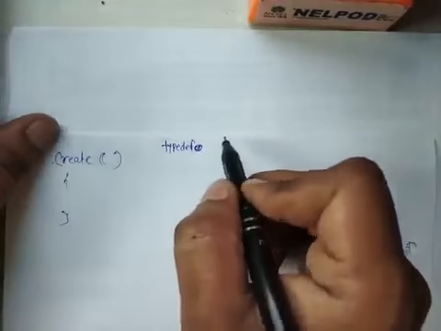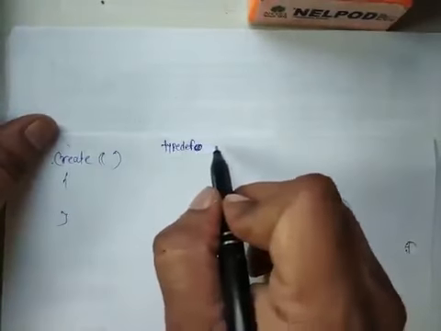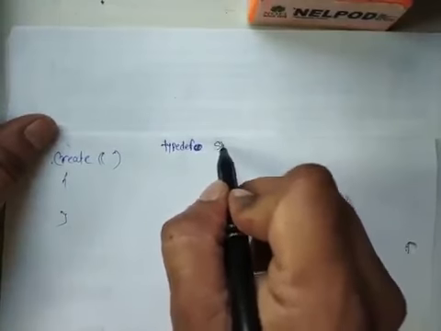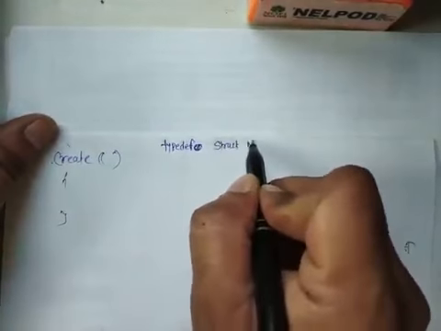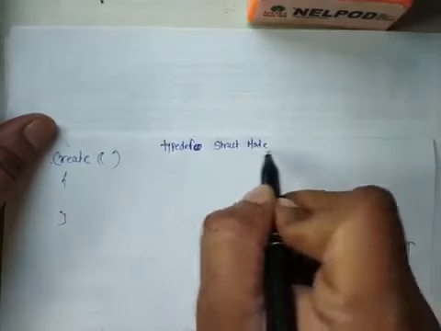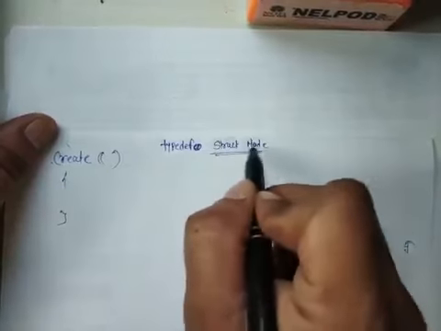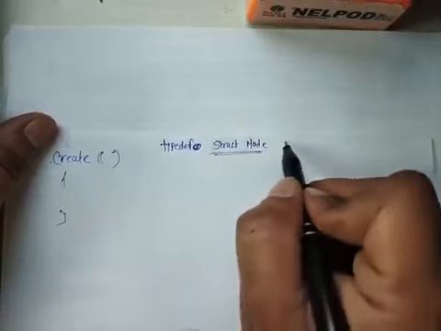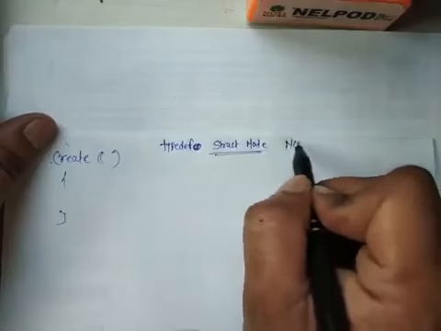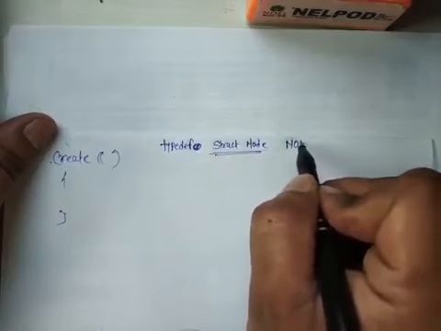Instead of that, I'm going to typedef it by another name, so I don't need to write this line of code again and again. I'm going to rename it as Node, using a capital N.